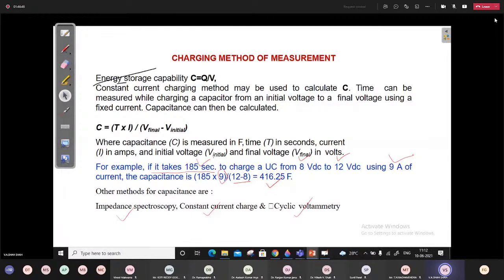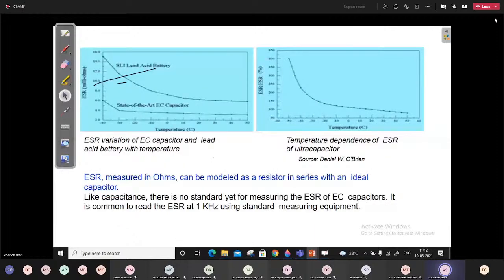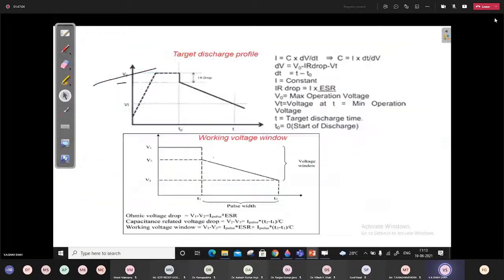The ESR variation is basically temperature dependent, but as such no standard has yet been established for ESR with respect to temperature variation. So we may assume that the ESR is constant for the range of operations, or if it varies with temperature, then you can test your supercapacitor at different temperatures and measure their resistance.